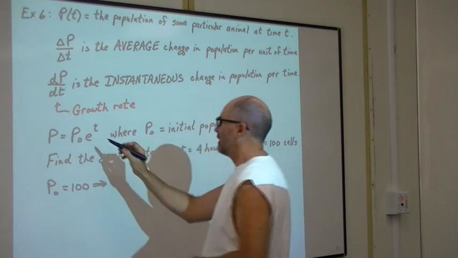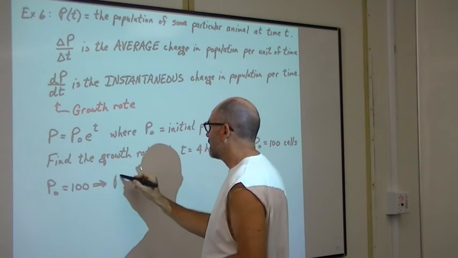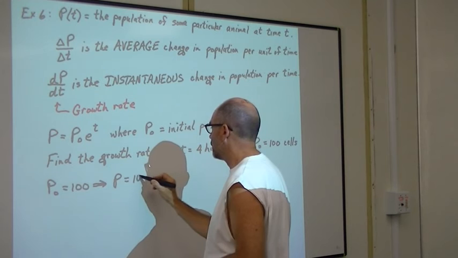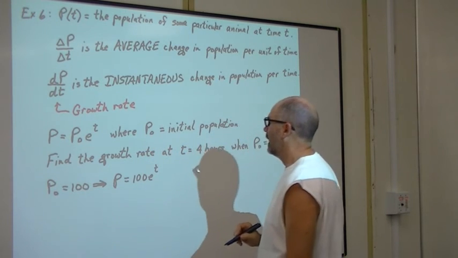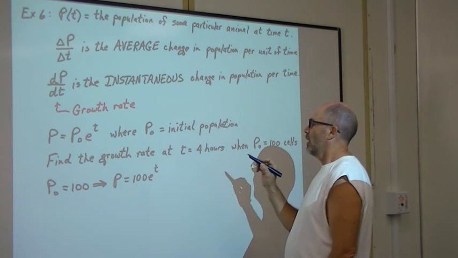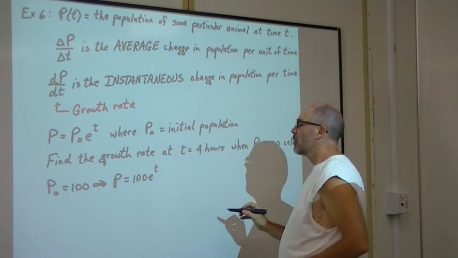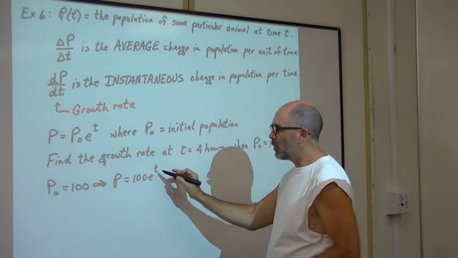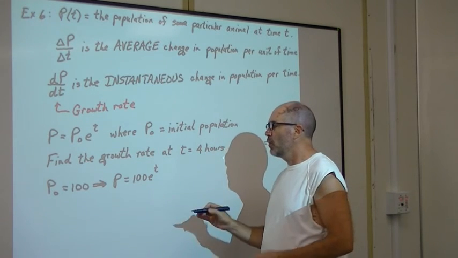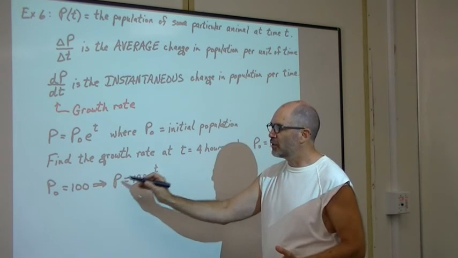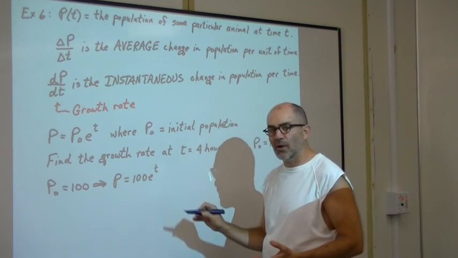So that means that we could write P equals 100 e to the t. Now, t equals 4 hours, you don't want to put that in right away, because if you do, you have 100 e to the 4th, which is a constant. When you take the derivative of a constant, you get 0.